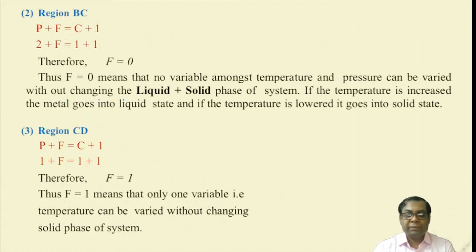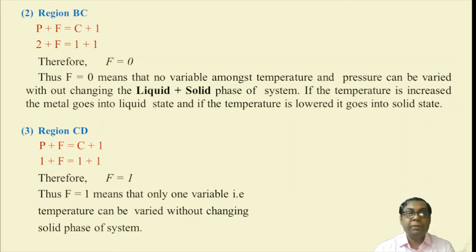Region BC, which is the flat straight line where the change of phase occurs at a constant temperature of 0 degree centigrade in the case of pure water and ice. So we have P plus F equal to C plus 1, P equal to 2, because there are two different phases, one is ice, one is water, and we get from here F equal to 0 from the equation.